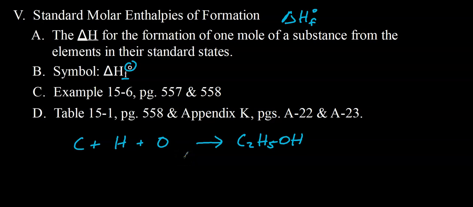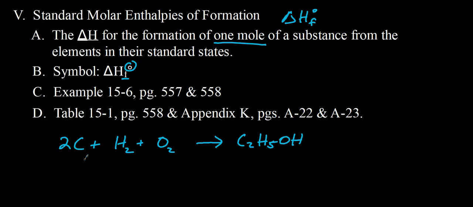Keep in mind that hydrogen is diatomic, as is oxygen. And when you balance this equation, you need to do so in a way that the coefficient of the compound is 1. Remember, that heat of formation is per 1 mole of the compound, so you have to adjust everything else accordingly. So that gets a 2.